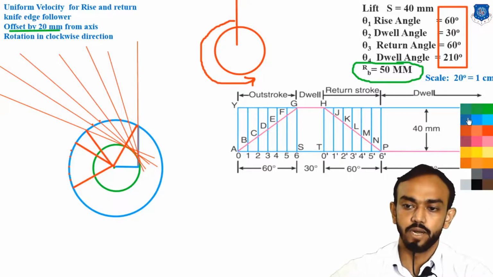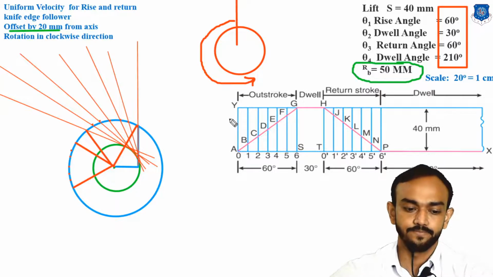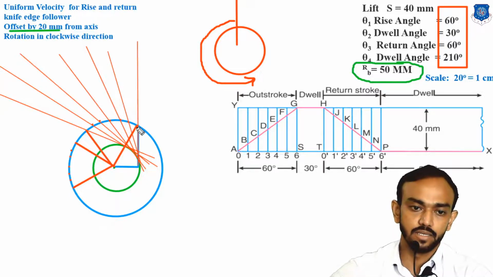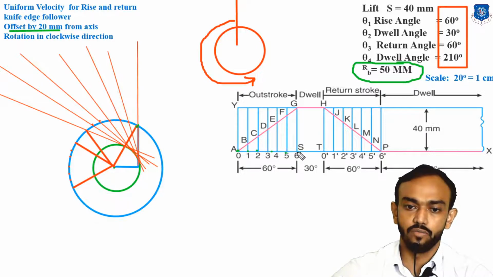Which points? Check here. You know that this is the starting point, 0. Here will be your starting point 0. After that 1, 2, 3, 4, 5 up to 6, which is the last point.